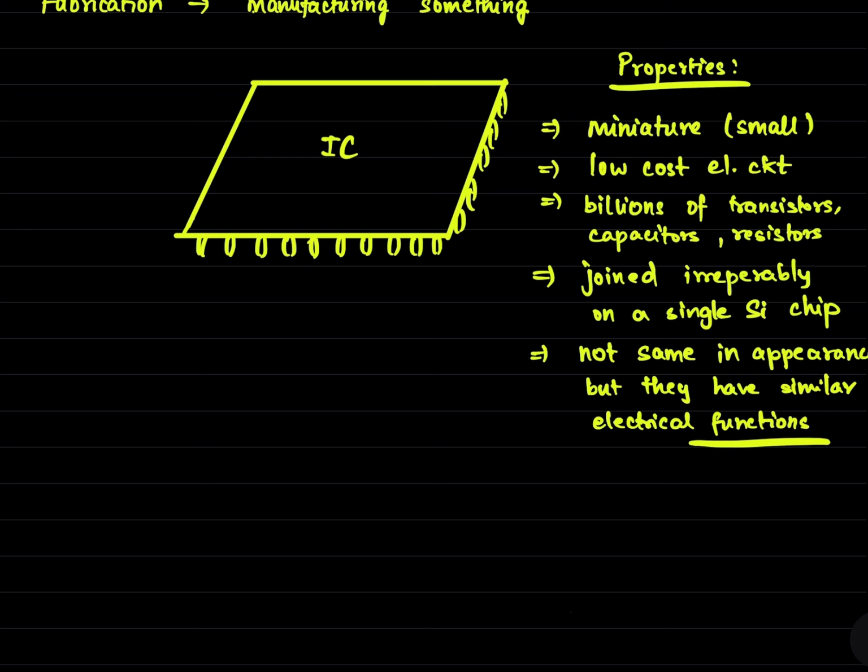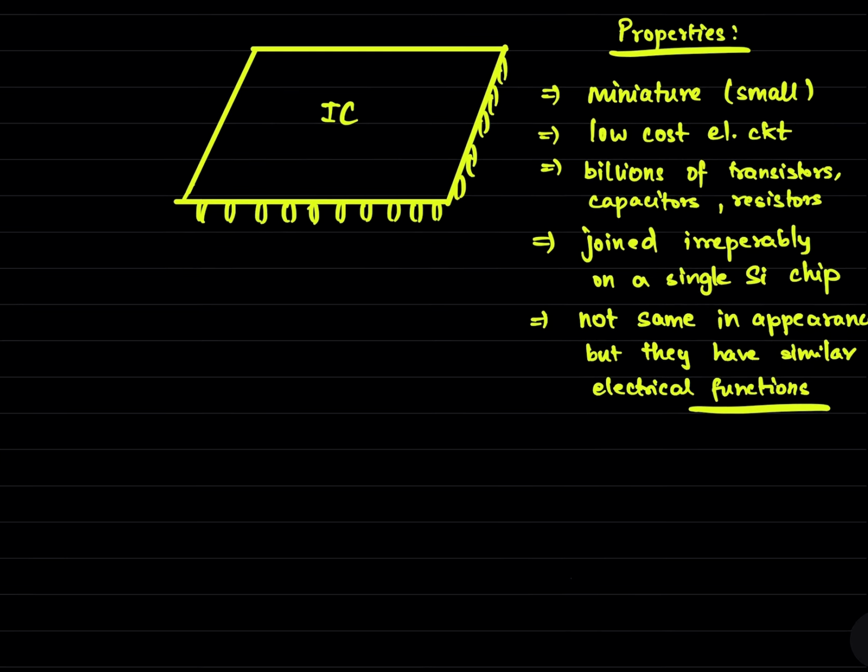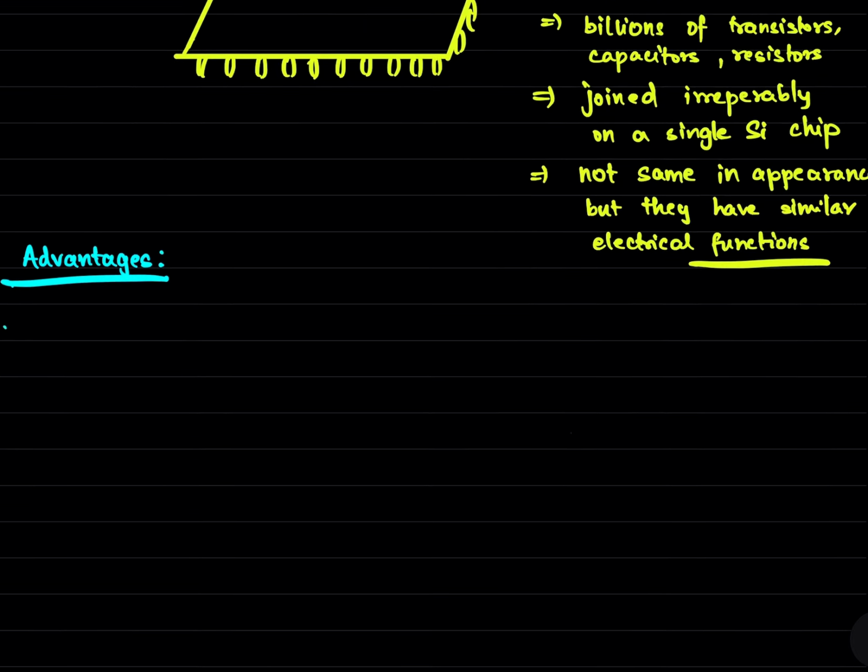Some of the advantages of ICs over normal discrete components include, obviously, as I told, miniaturization. The miniaturization leads to increased component density.